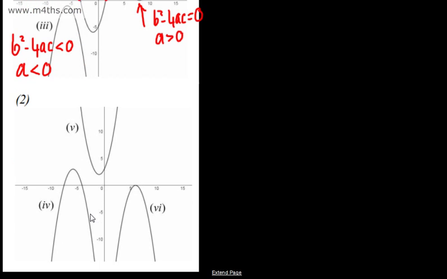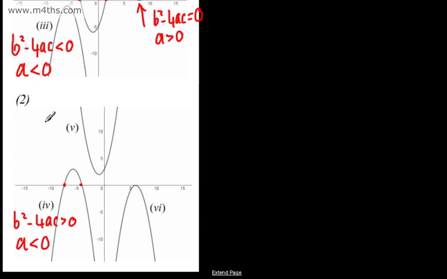Okay, here's 2. So this is a fourth one. We've got now two distinct real roots. Therefore, we can say b squared minus 4ac will be greater than 0. Yet this parabola opens downwards. Therefore, a will be negative, or if you like, a is less than 0.